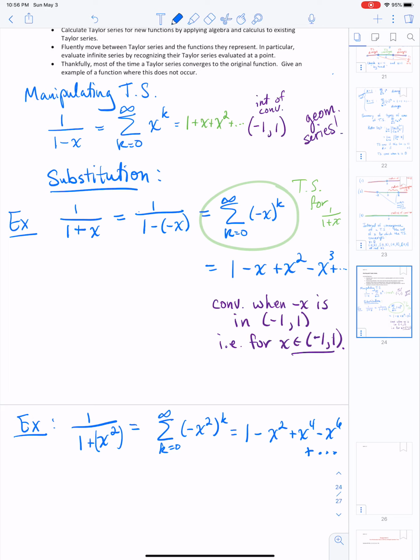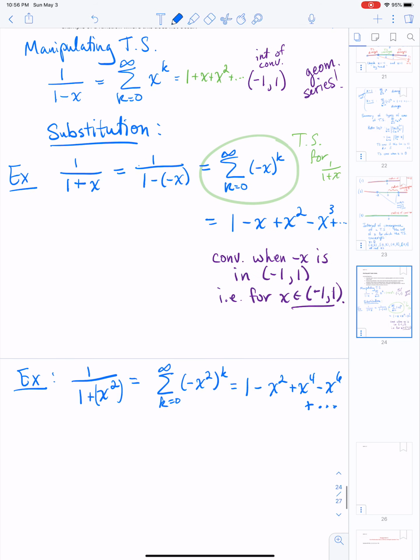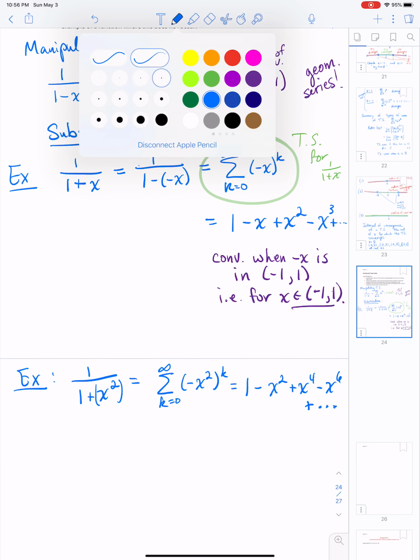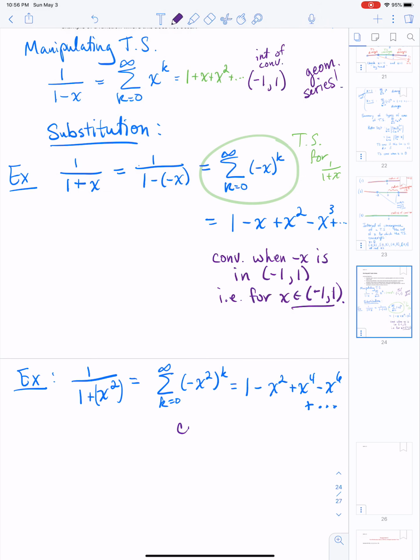And this is going to converge when x squared is in the interval -1 to 1. This again just means in, shorthand for is an element of.